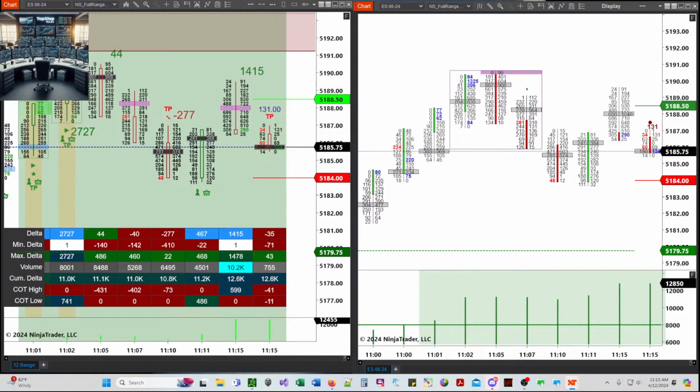See what this trade is for today. Total for the week minus $26. Not feeling that load shot, man. I'm not feeling that load shot.